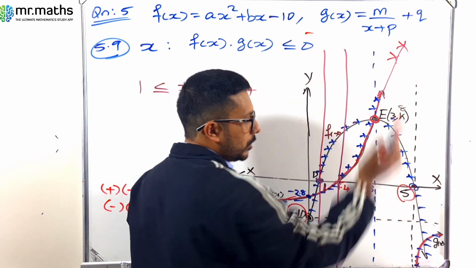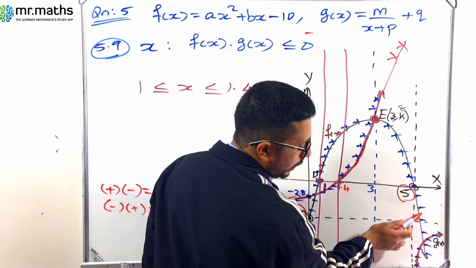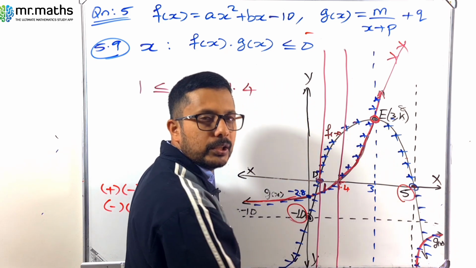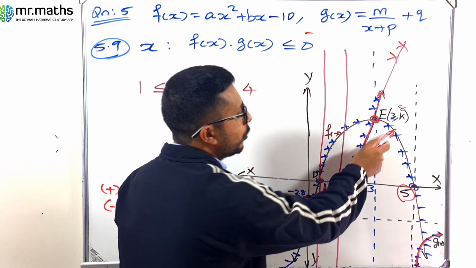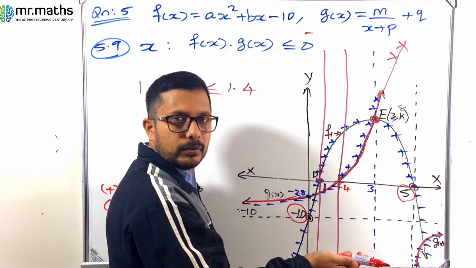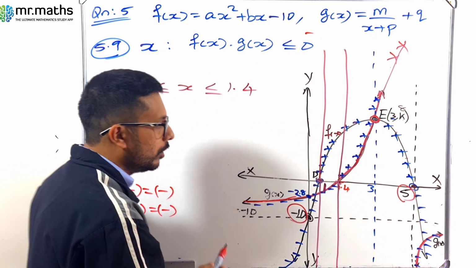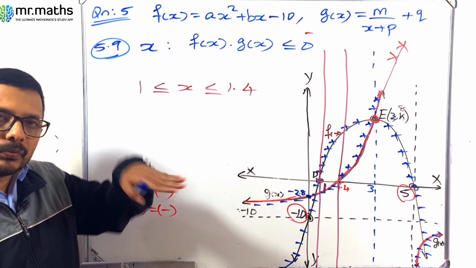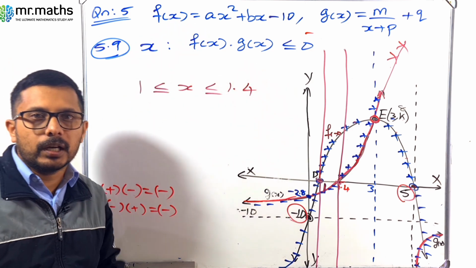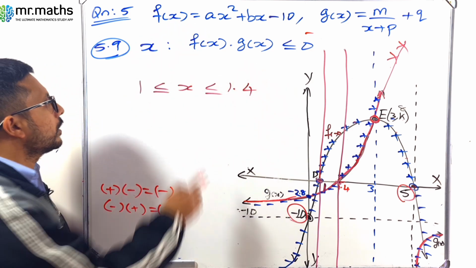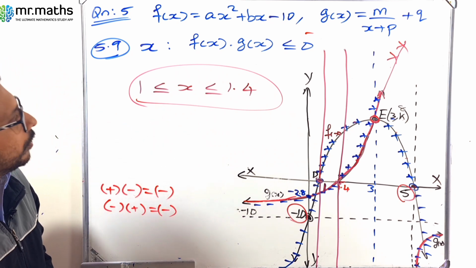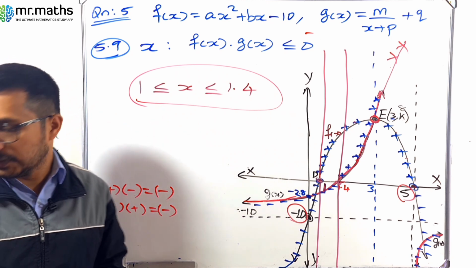Here what is happening? Negative, negative. Negative times negative is positive, positive times positive is positive, but we want a negative answer. So only between 1 and 1.4, one graph is above x-axis and the other graph is below x-axis. So the answer is 1 less than or equal to x less than or equal to 1.4. That is the answer.